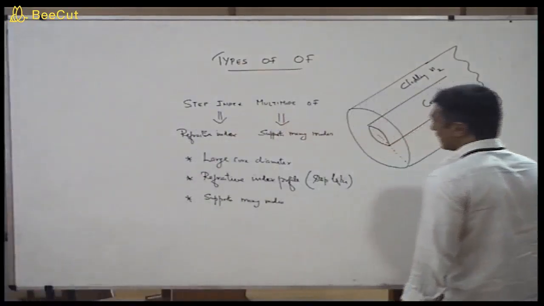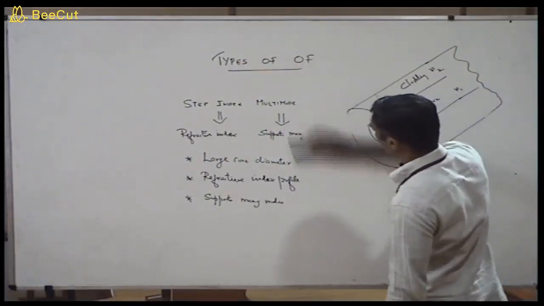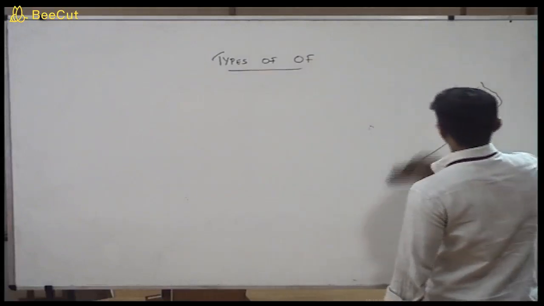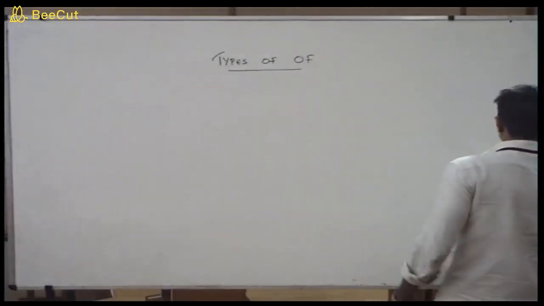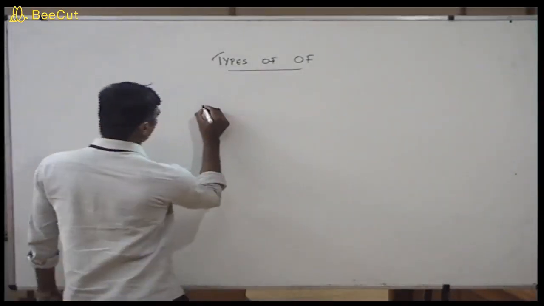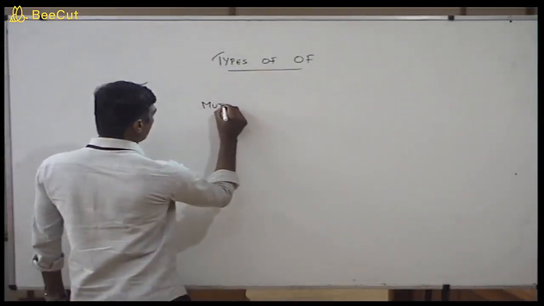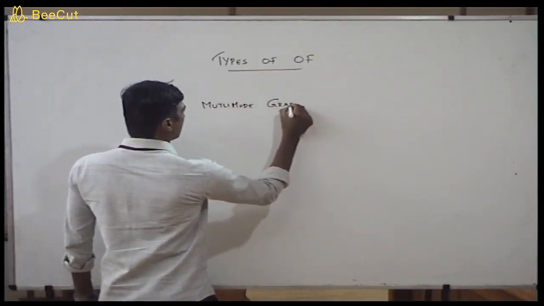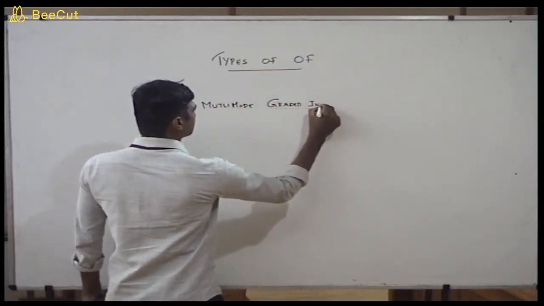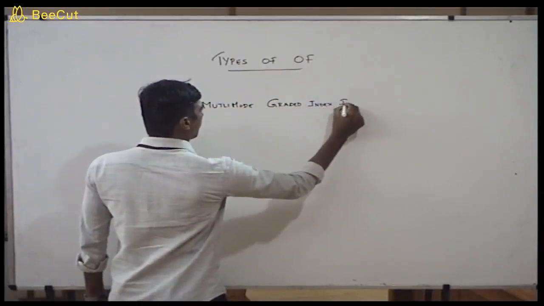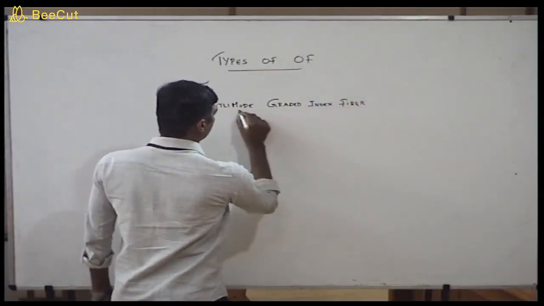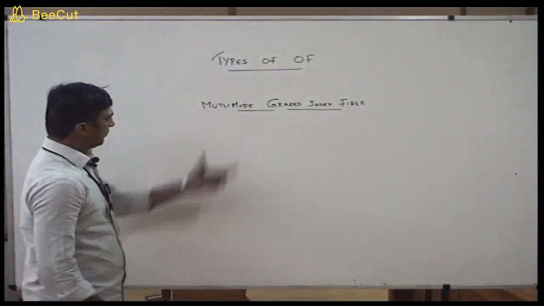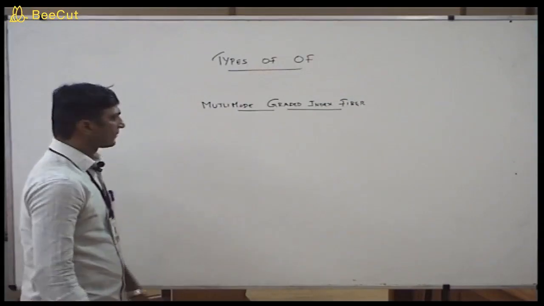And then we have the last category of optical fiber, that is the multimode graded index fiber. Two different words are there, multimode and graded index.